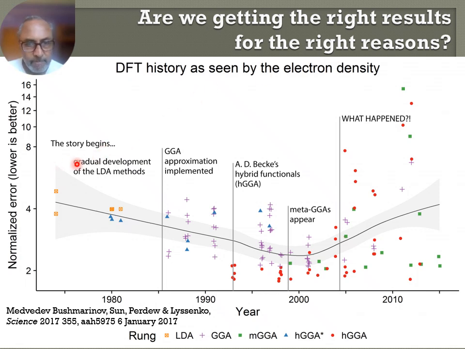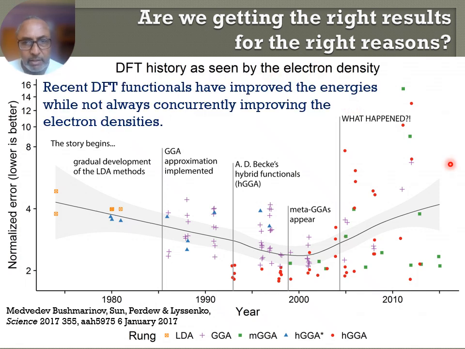If you look at the history of density functionals and the error in the electron density, we see that recent density functionals have improved the energies but not always concurrently improving the electron densities.